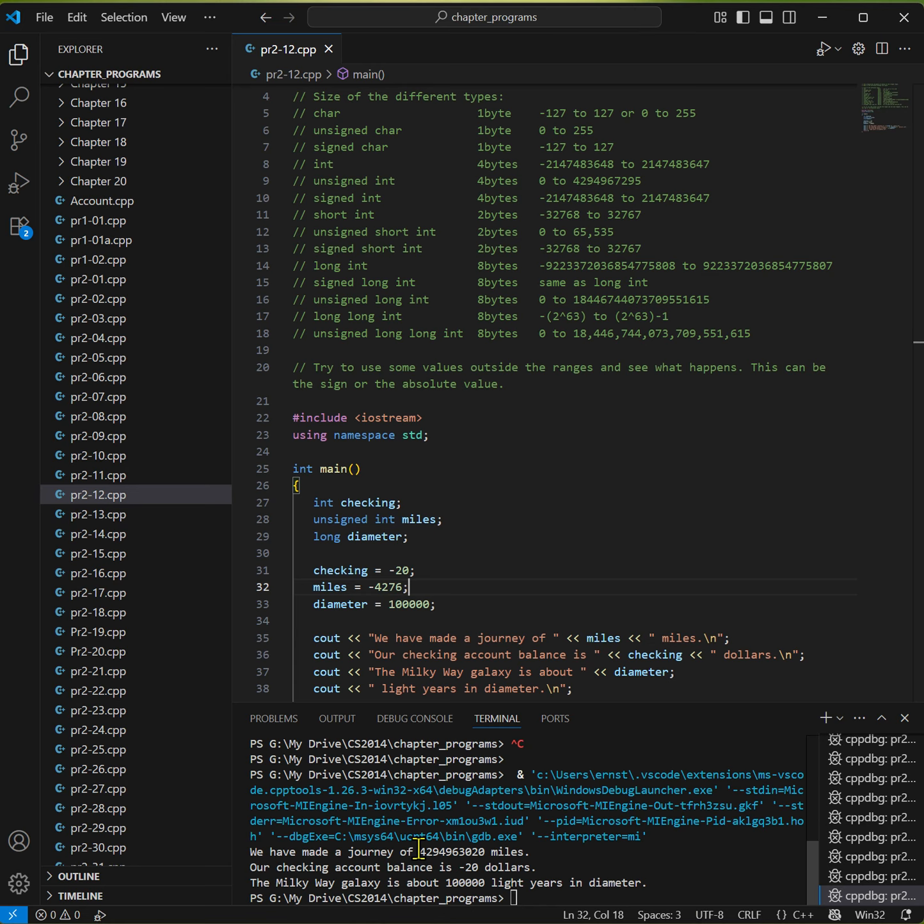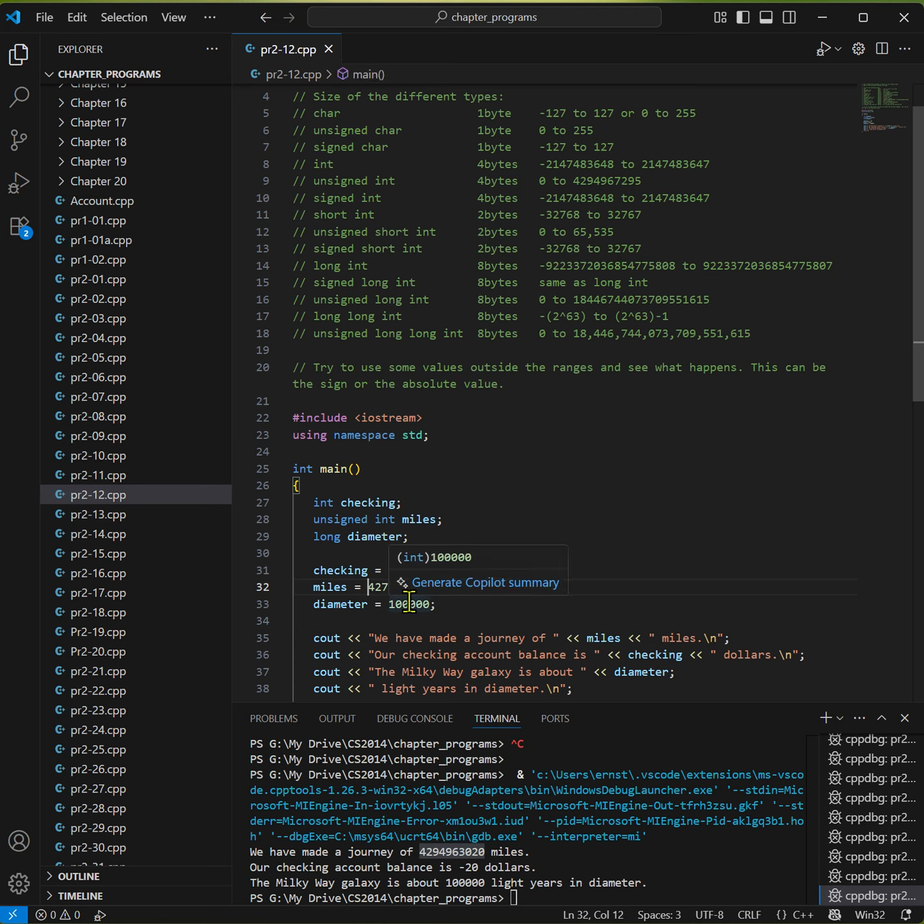And you see that all of a sudden we have 4 billion and some miles. That's because we're in this range of 0 to 4 billion. So we're at a negative number, it loops back, and then it's a little bit less than the maximum over here. So that is a wrong number too.